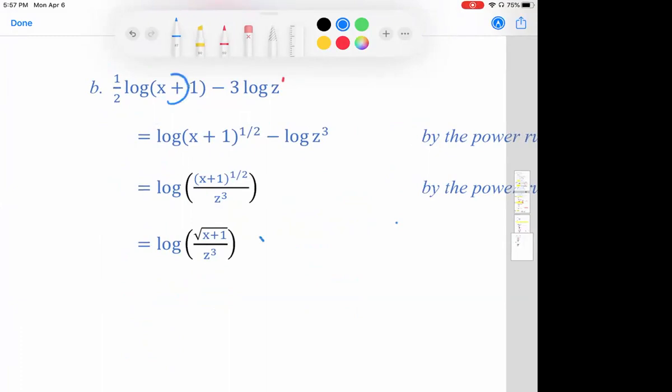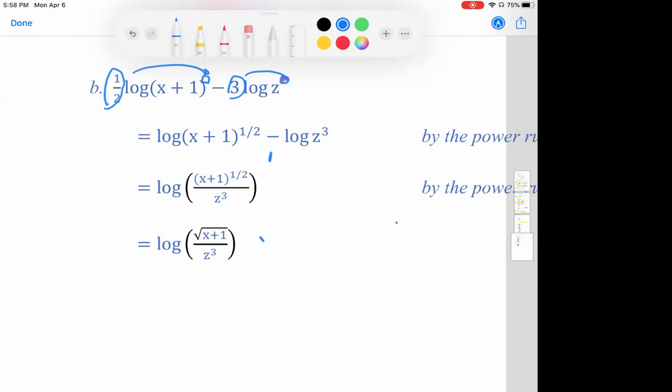So I see a plus, so you might think, hey, I can use product rule. Well, no, in order for me to use product rule, I would have to have log here too, and I don't. So what I can do is I can work with those exponents. I can take that 1/2 and make it my exponent. I can take that 3 and make it my exponent. That's helpful. So I now have log of x plus 1 raised to the 1/2 power minus log z cubed.